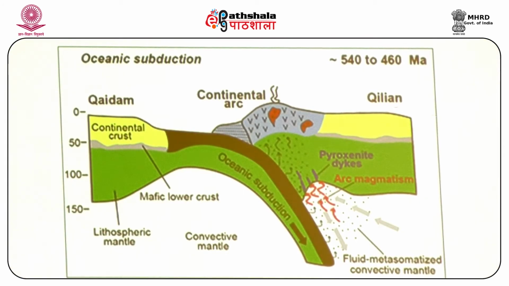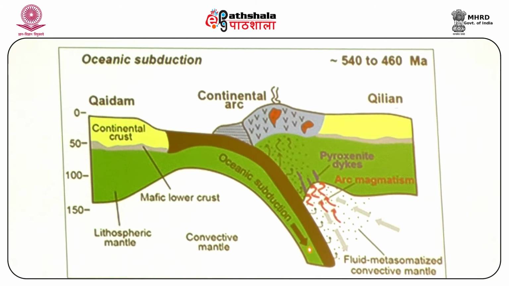So, now we were discussing a case of subduction zone where we see a very good example of mantle metasomatism. As you can see here, this is a typical subduction zone diagram. We have the continental crust on the top, and then we have the part of the oceanic crust which is black, and this whole thing is subducting down.